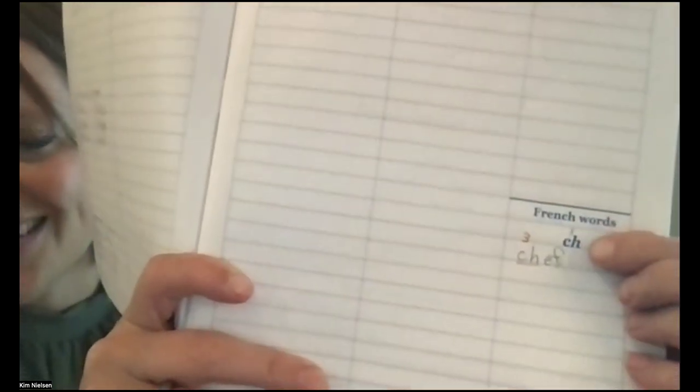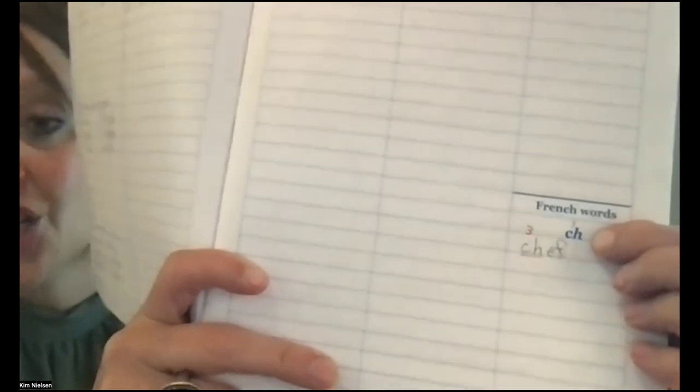Okay, and lastly, I said it's not just Latin and Greek, but we've got some French words too. Well, right, the French word chef is actually an example of our third sound of ch, right?